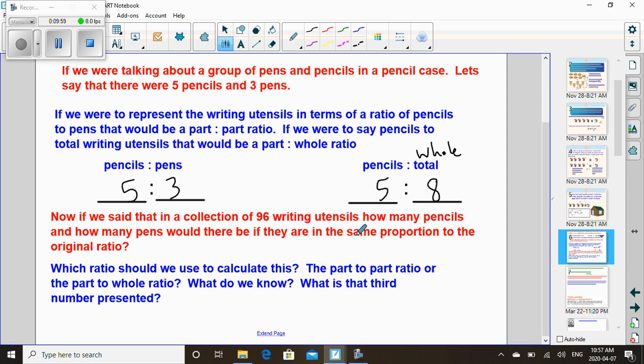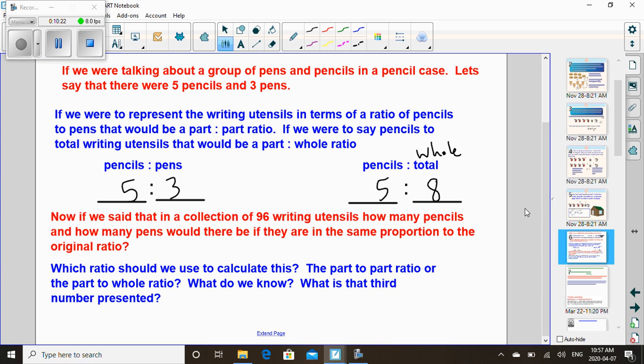So in red here, I said, now what if we said we had a collection of 96 writing utensils? That's a 96. How many pencils and how many pens would there be if they were in the same proportion to the original 5:3 ratio, pencils to pens? Now, what would I do with the 96?